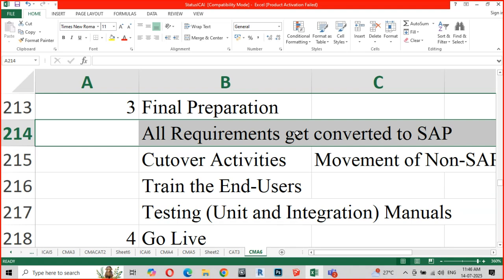What do I mean by cutting over activities? Meaning, my implementing partner was using another non-SAP system, and now he wants to get into the SAP system. Maybe I also put a date.